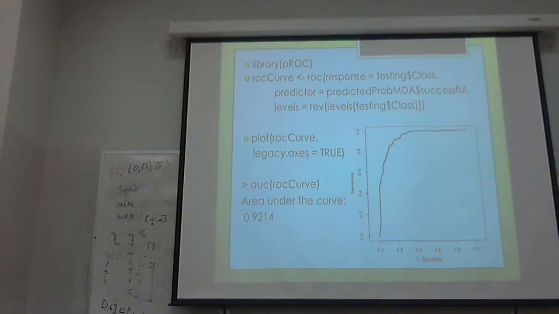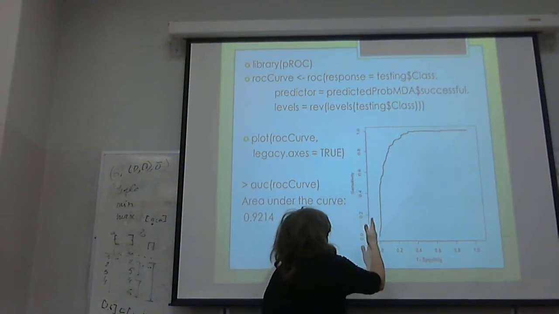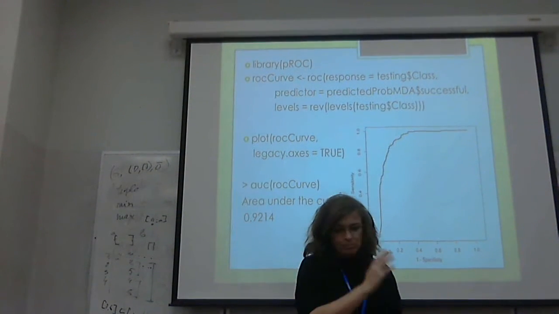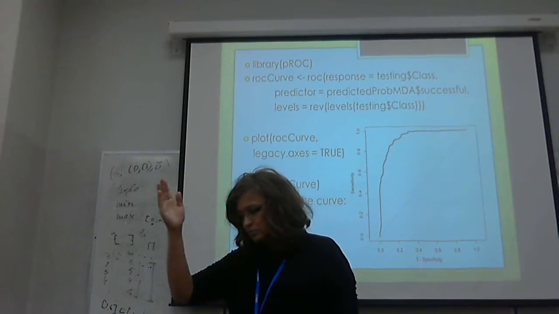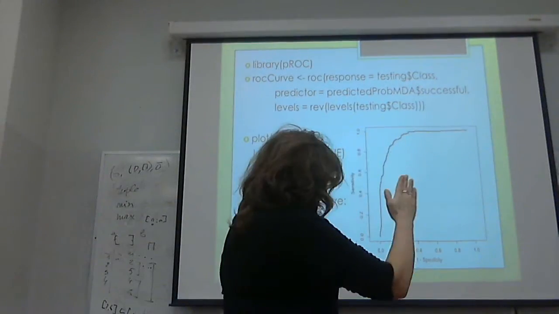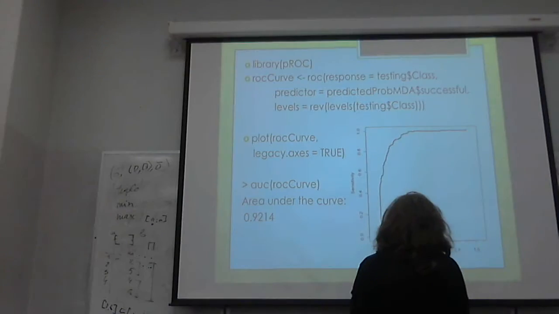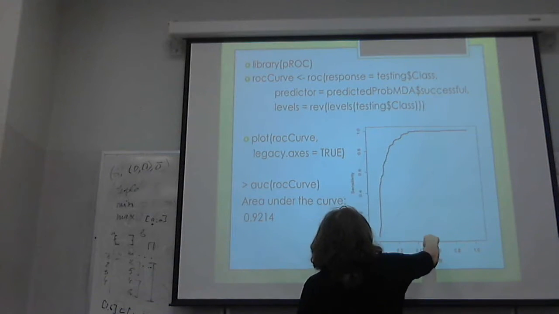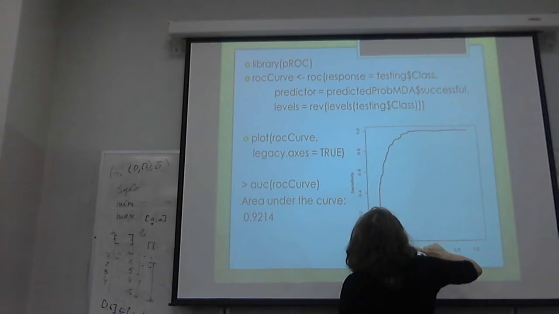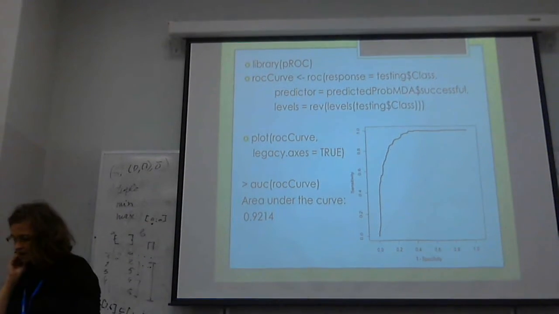The ROC curve requires probability, because the ROC curve is built, as you remember from the movie, by putting different thresholds on probabilities. We move the threshold from 0 to 1 and calculate sensitivity and specificity, or 1 minus specificity, which results in the ROC.